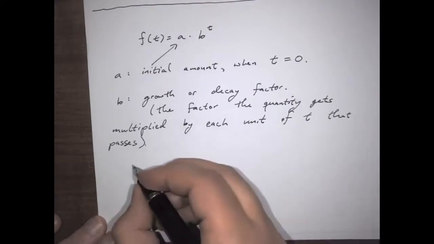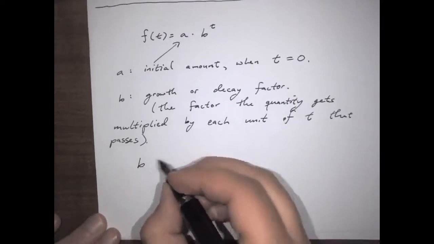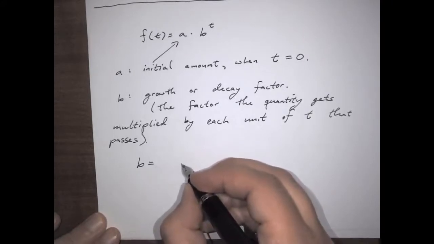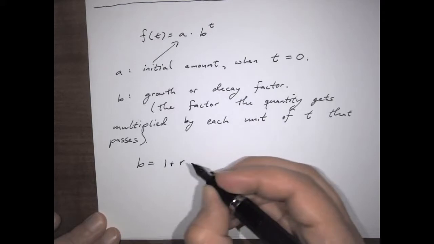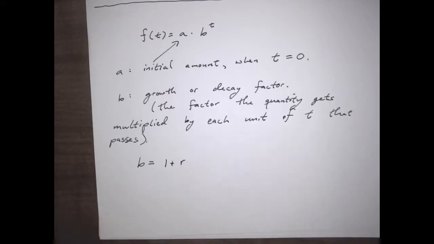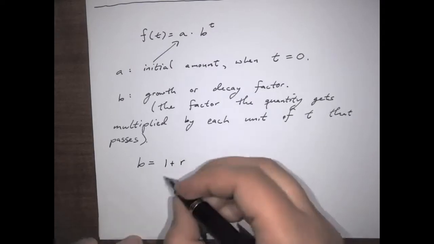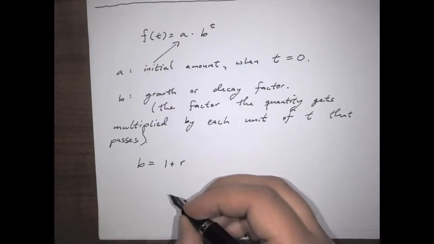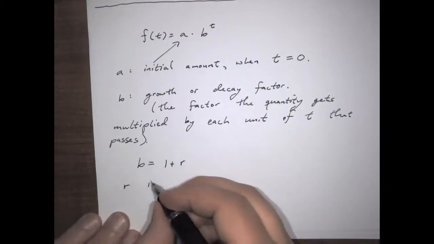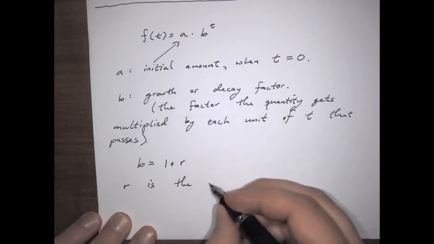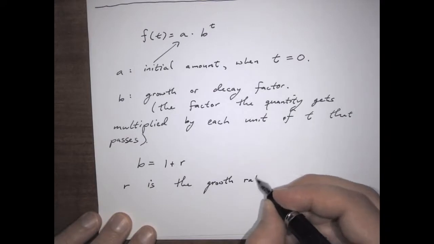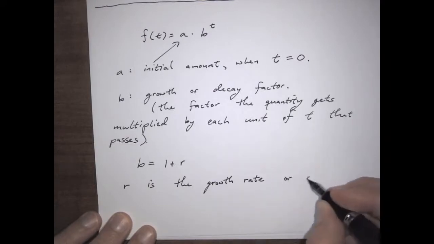So we are talking about things that are growing or shrinking by a certain factor, by a certain proportion, by a certain ratio. Now what b actually represents is whatever rate it's growing by plus 1, because b represents how many there will be next year compared with how many there are this year as a factor. So this represents this year, and then this represents the growth, the actual growth rate. So r is the growth rate, or decay rate if negative.